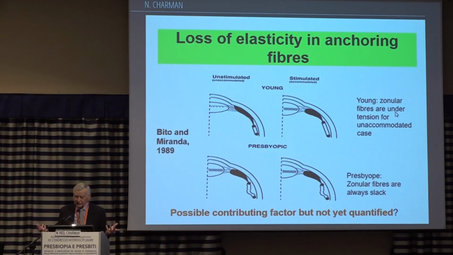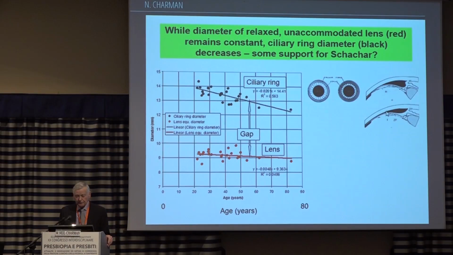They lose their elasticity, and of course they can't help the ciliary muscle proper to change shape in the way it should. It may be so. Nobody's actually demonstrated this at the present time. It remains a theory.